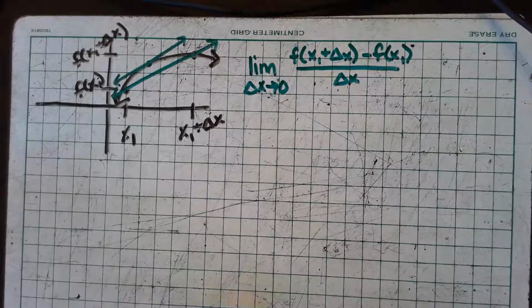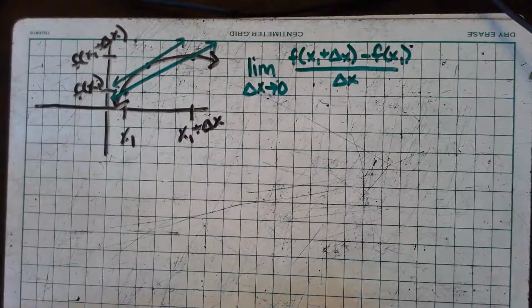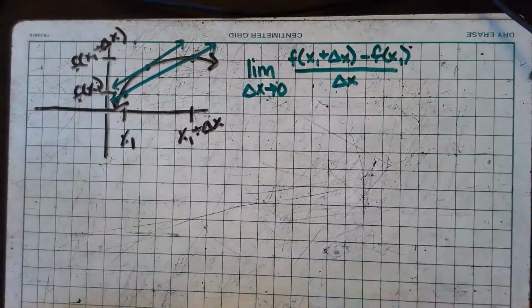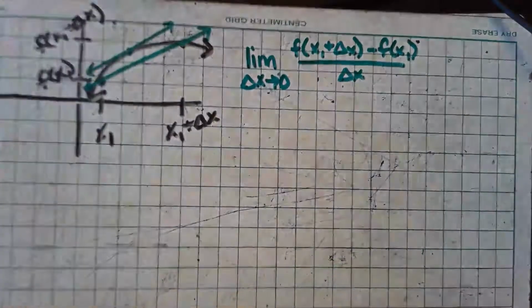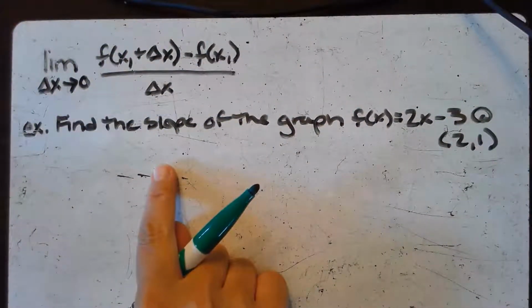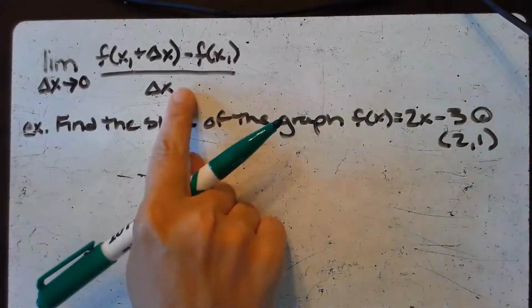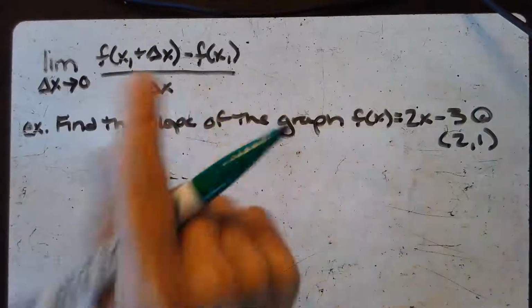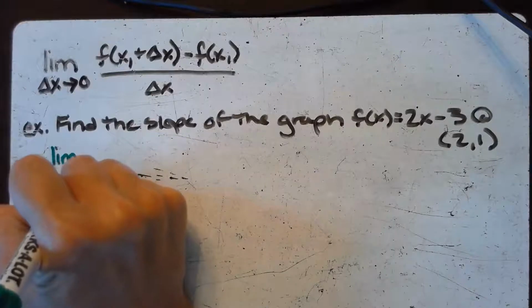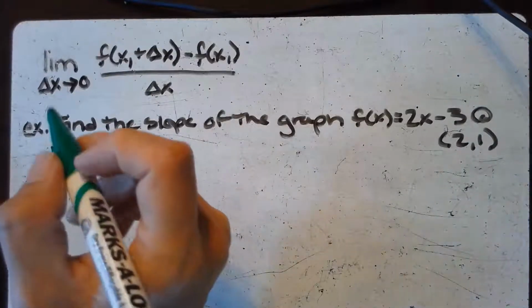So we're going to use this formula right here to find some of these slopes. And we'll define what this is in a little bit, but for right now, we're just going to find this. Okay, just be careful. We're going to use this formula right here. So we're going to do the limit and keep your limit notation, otherwise you do get taken off.